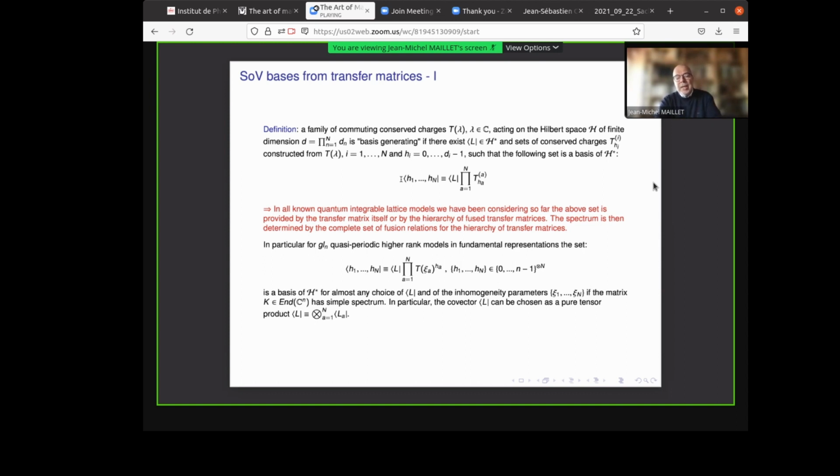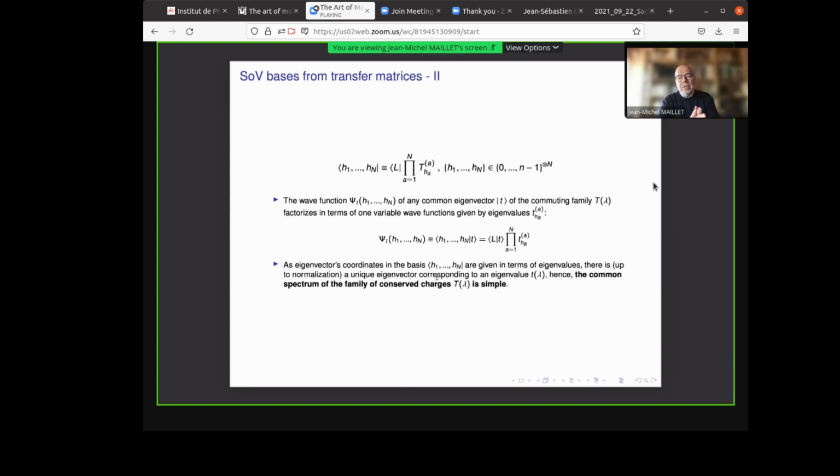For example, if you take GL(N) in the fundamental representations, and you have a lattice with inhomogeneities xi_1 to xi_n at the lattice sites a from 1 to n, and you take the evaluation of the transfer matrix at those points, and provided you have taken some quasi-periodic boundary conditions given by some matrix K, which has simple spectrum, then you can prove that, for example, this is a basis of your Hilbert space.